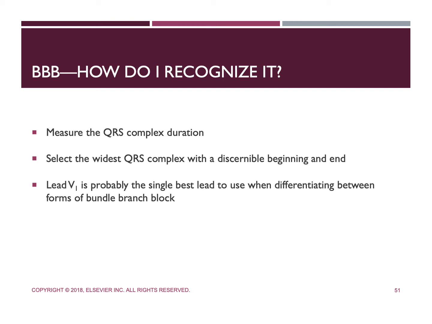Thus, the impulses from one ventricle must be transmitted cell by cell to the other ventricle. Because the impulses are not traveling down the normal conduction pathway, ventricular depolarization takes longer to occur. This delay is evident in the form of a wide QRS complex.